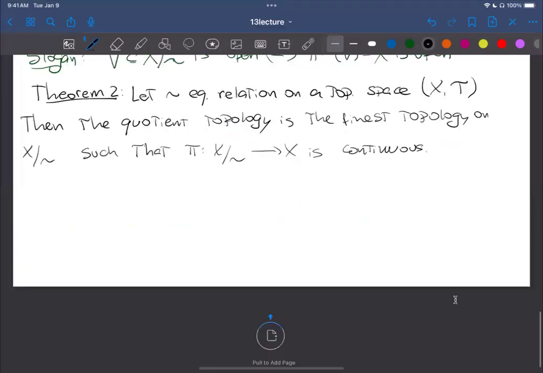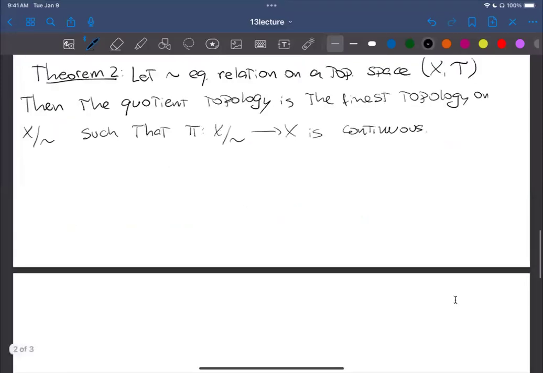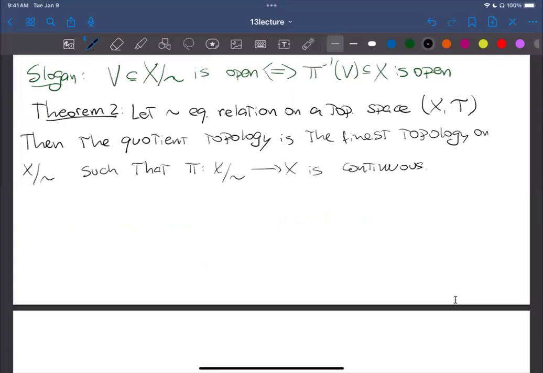And this is somehow an argument about why the quotient topology is a natural thing to consider. So the quotient is not just the set, it's also the map. Oops, sorry, this is wrong. Quotient map goes the other way around from X to the quotient.